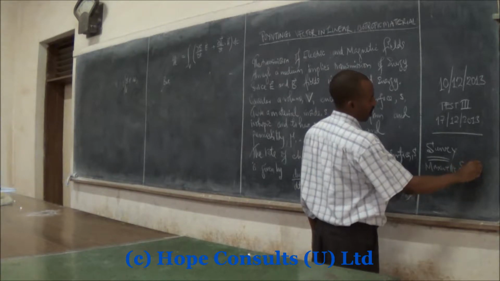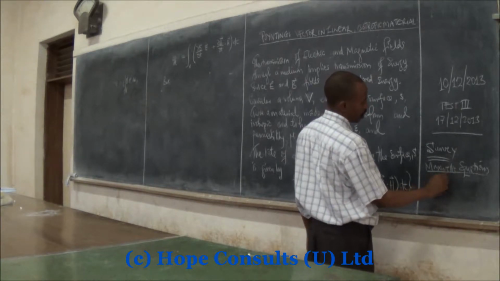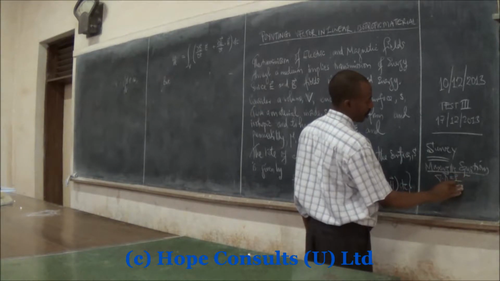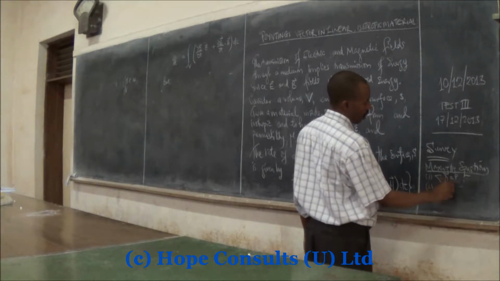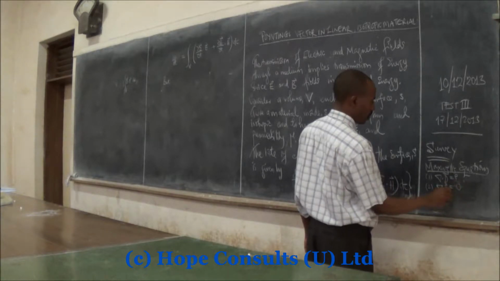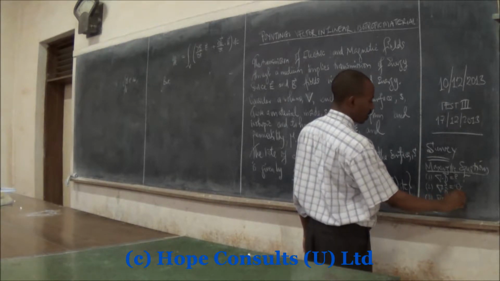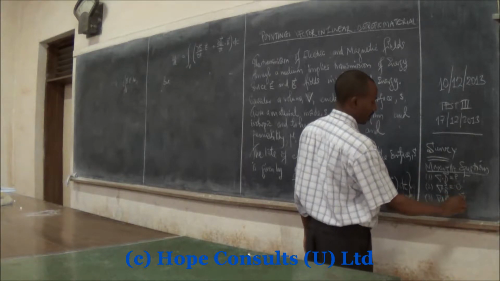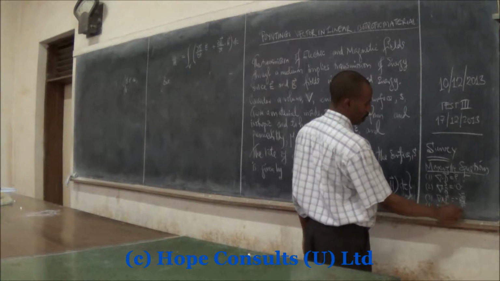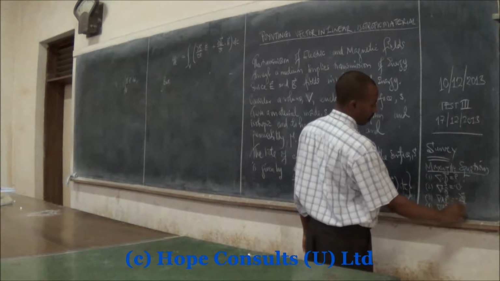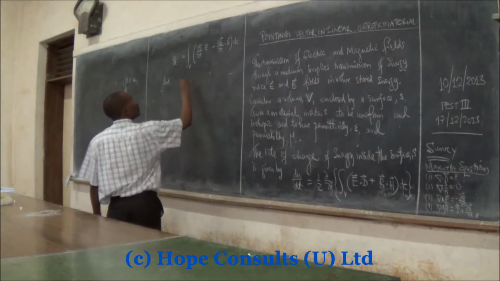We have the divergence of D equals rho. Then the divergence of B equals zero. Then three, we have the curl of E equals minus partial B by partial t. And four, we have the curl of H equals J plus partial D by partial t.